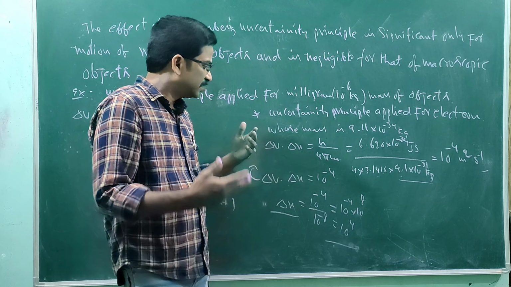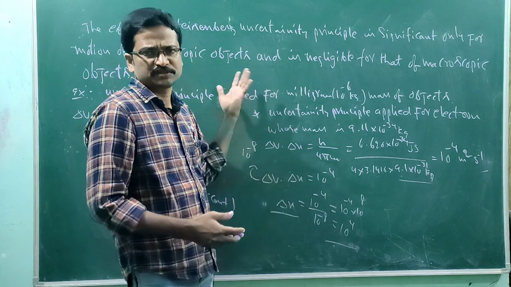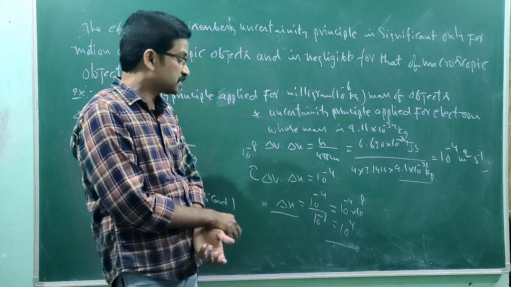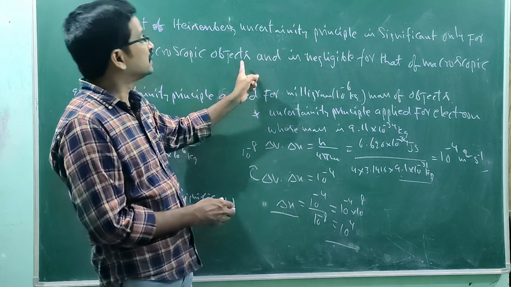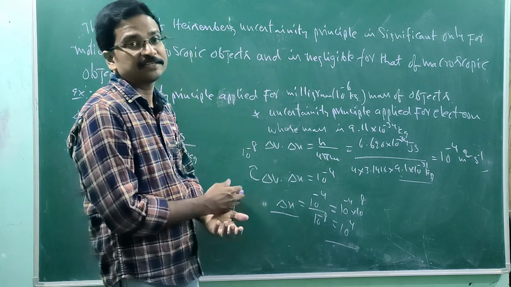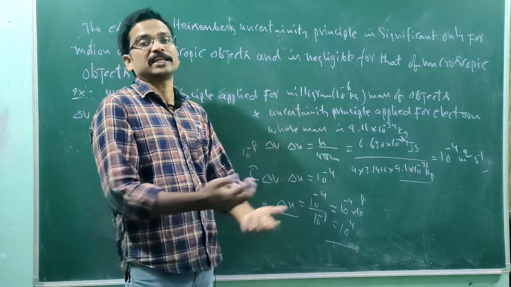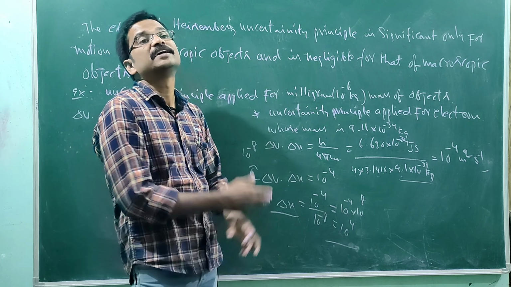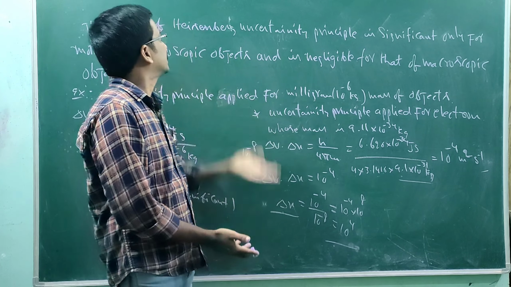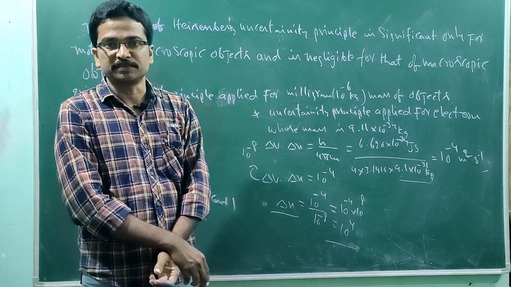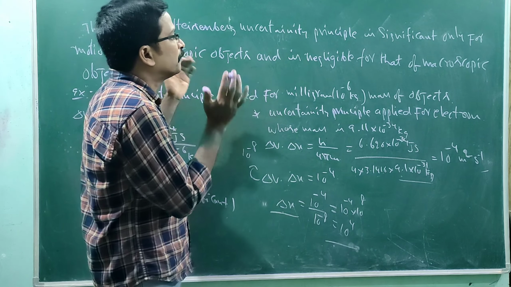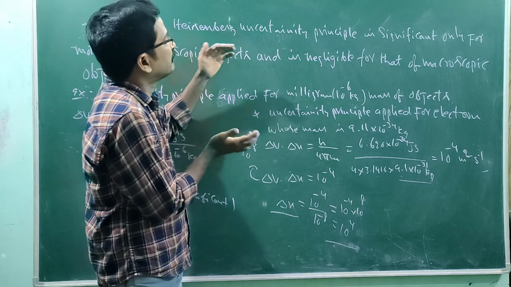Einstein did not agree with his principle, because if Heisenberg is correct, then Bohr theory does not exist. That is the reason why he could not accept the Heisenberg uncertainty principle, because the whole Bohr theory would lose its significance.